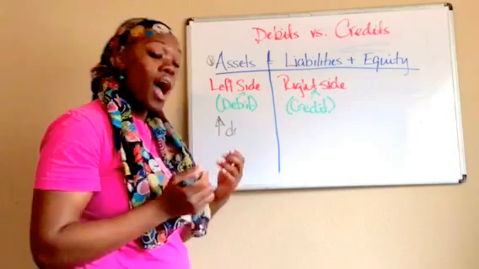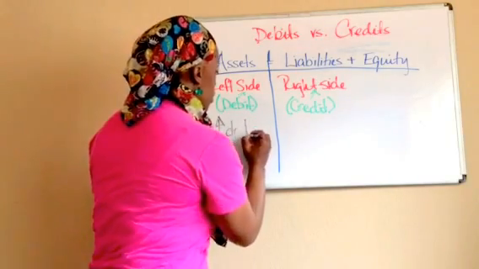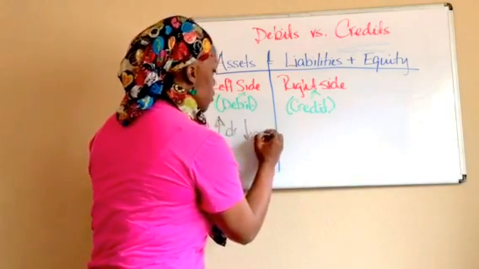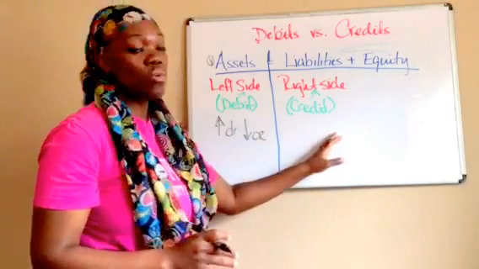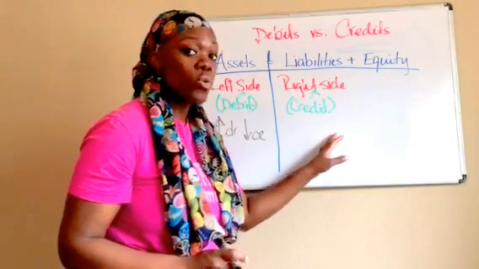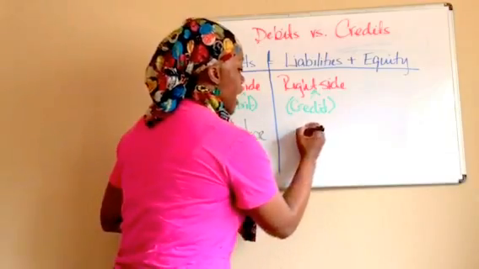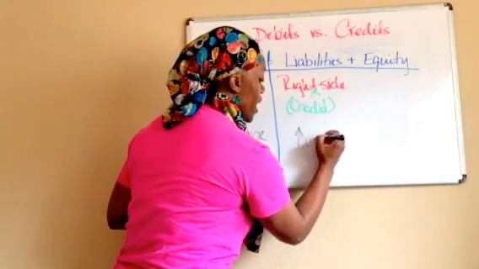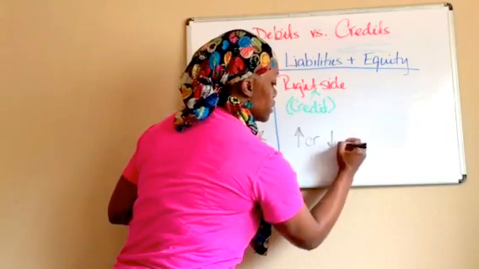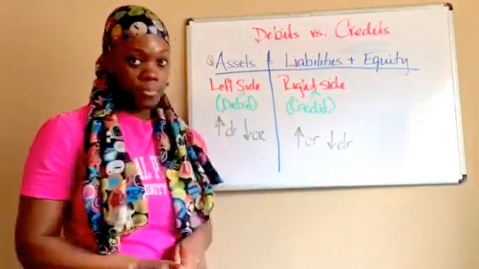The opposite of that is they're going to decrease with a credit. If we move over to our right side, our credit side, that means our liabilities and equity are going to increase with a credit and they will decrease with a debit.